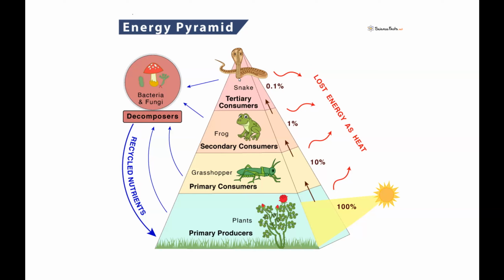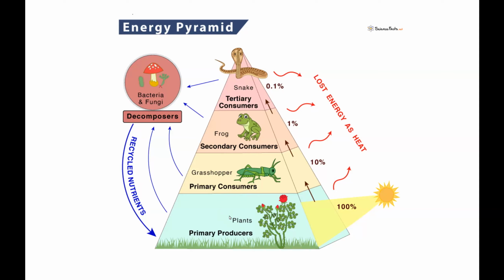So that's why when you look at an ecosystem, you should see that the most abundant organism in the ecosystem is plants. And you've got to have plenty of plants to support all these other consumers.